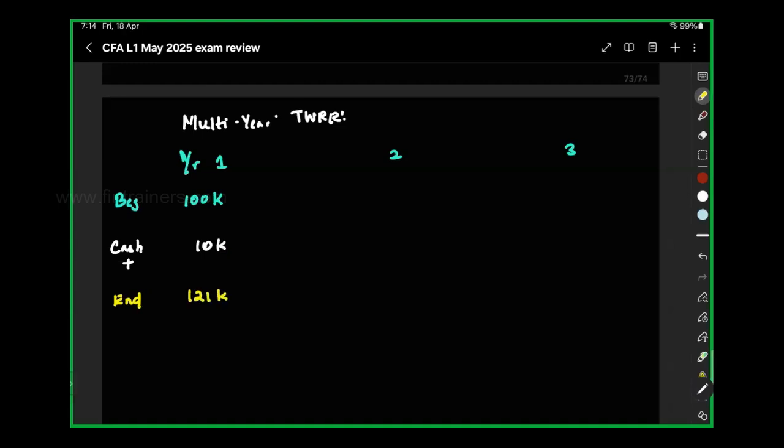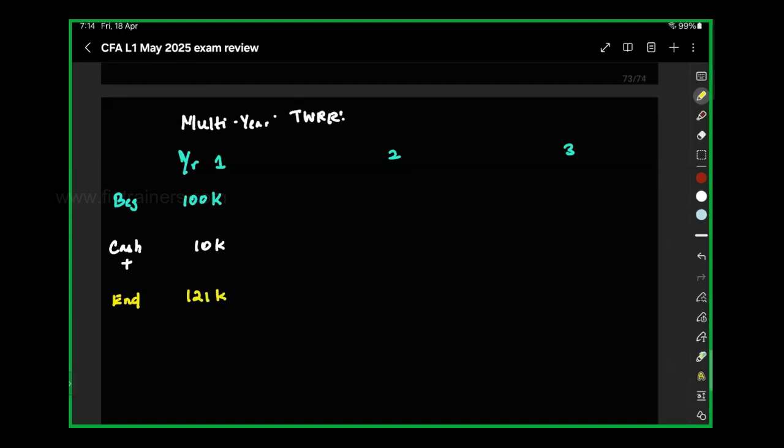Here again, the cash, initially we are investing 100. This cash is assumed to come in at the end of the period. You will not use that for your return calculation. Now, there might be some cash that the instrument itself gives, like say dividend. If that is given, that needs to be included in the return calculation.